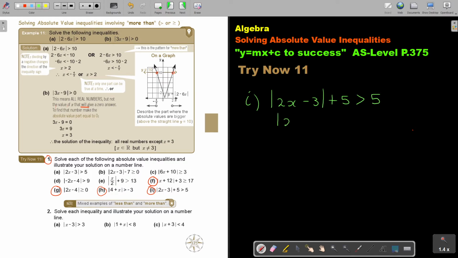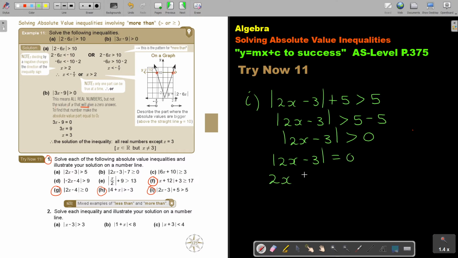So it was 2, always isolate that. And it was 2x minus 3, and it's bigger than 0. So again, now it's just 0 that's not included. So I can just go and I say, okay, I first want to just find where this is equal to 0. So it's only one value.